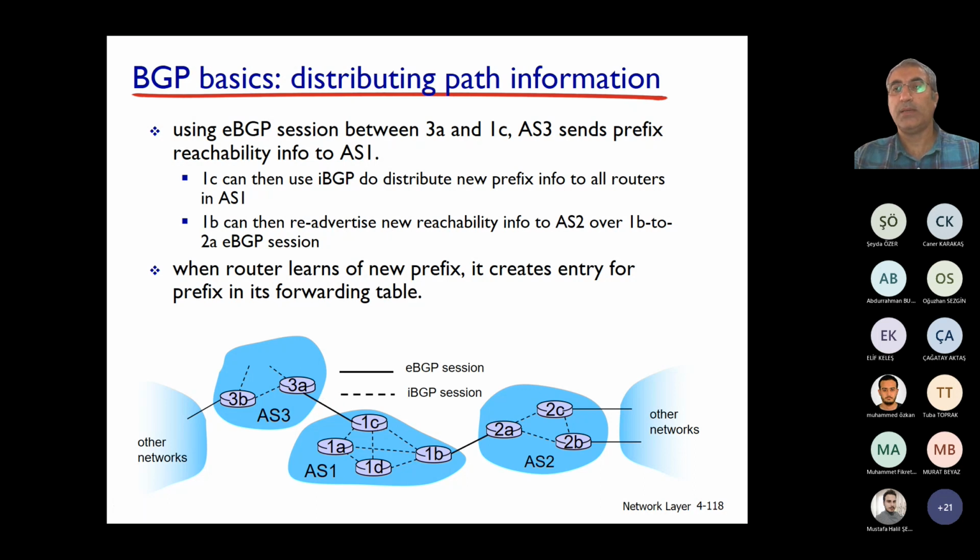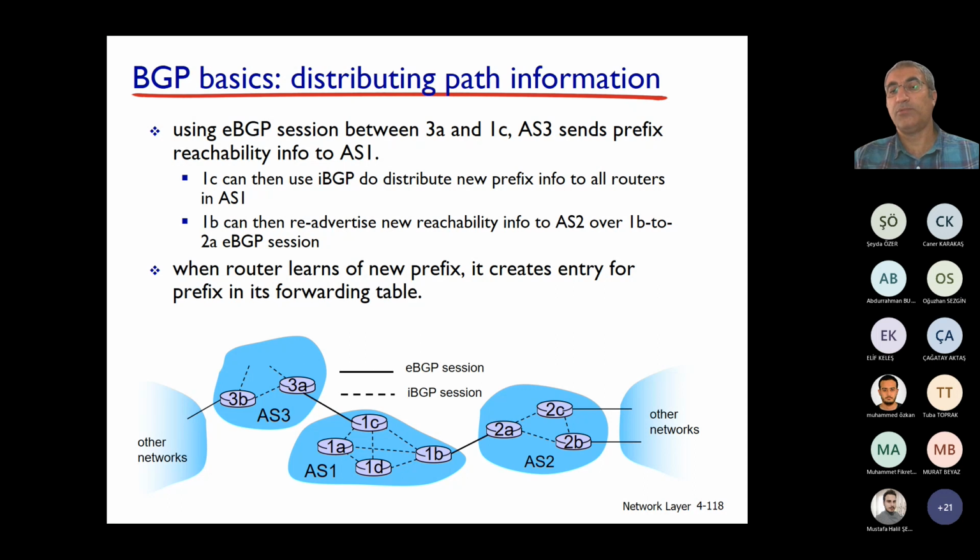Through this link, we send the prefix from AS3 to AS1. 1C can then use iBGP to distribute this prefix into all routers within AS1.